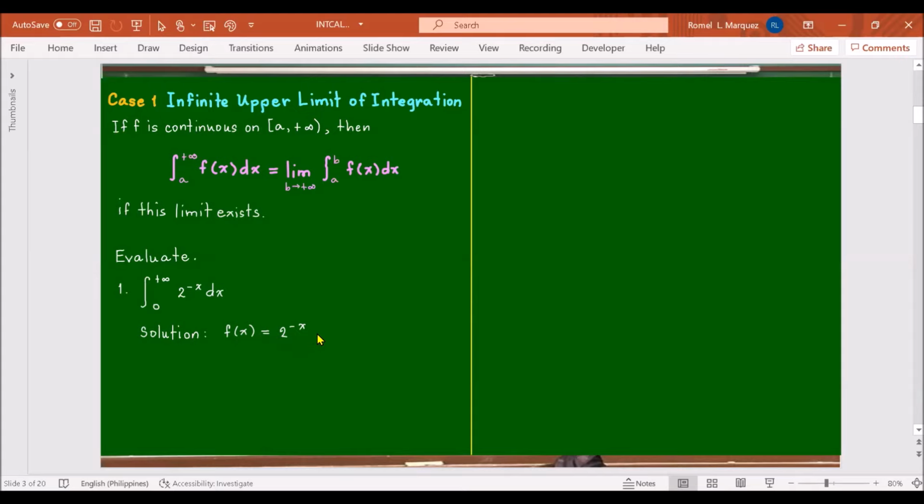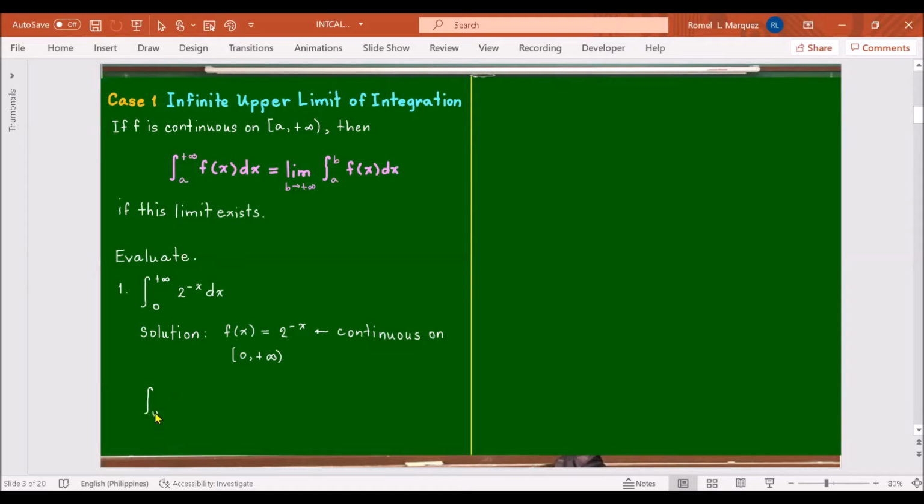Hence, this is continuous on the interval from 0 to positive infinity. Okay, guys? Let us now compute this improper integral.